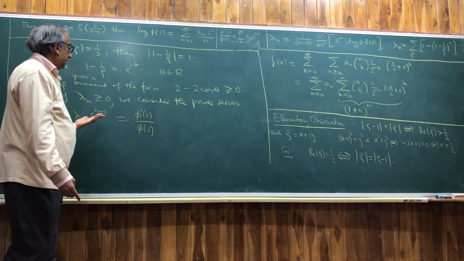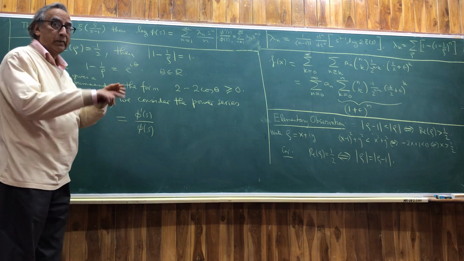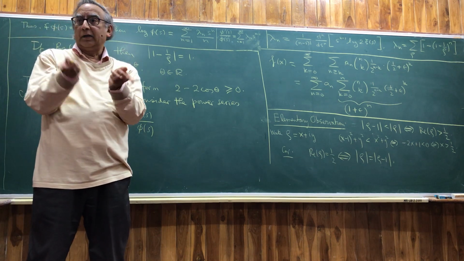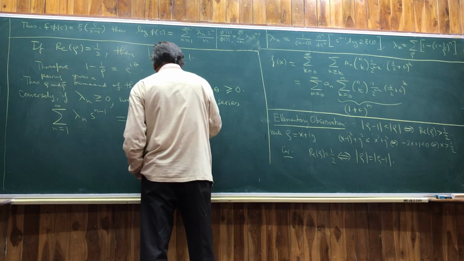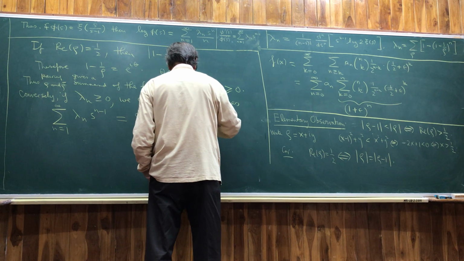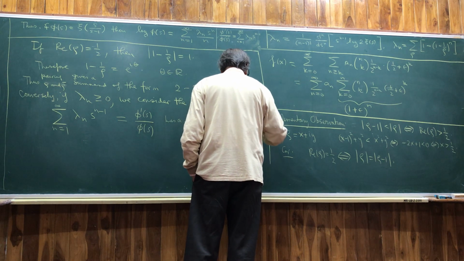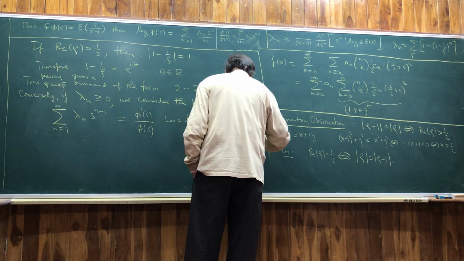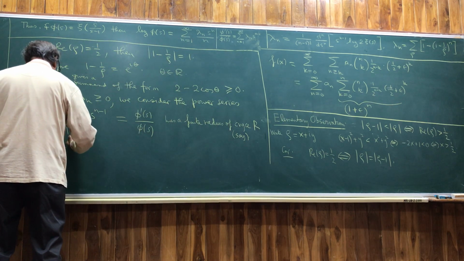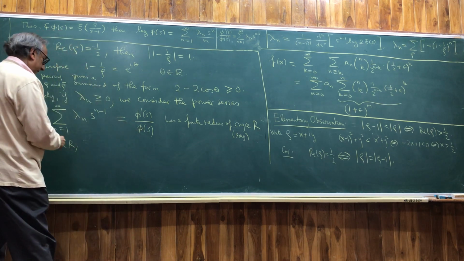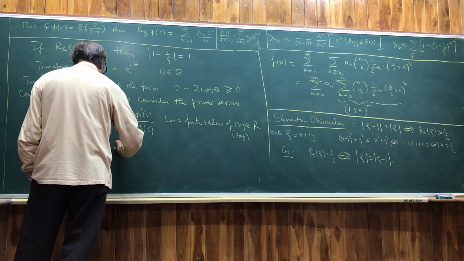And so the question is now, it has a singularity at its radius of convergence, which means that inside the circle of convergence, it's analytic. So this has a finite radius of convergence, R say, and for mod s less than R, this function phi prime of s over phi of s is analytic.